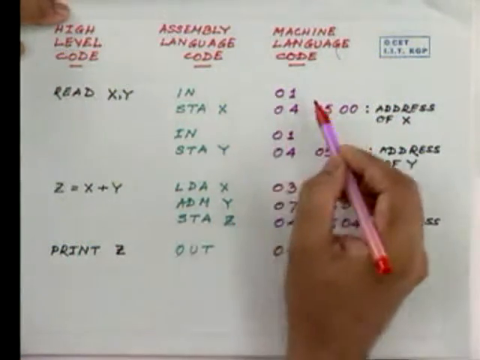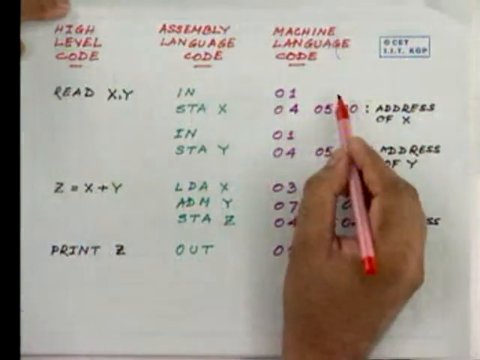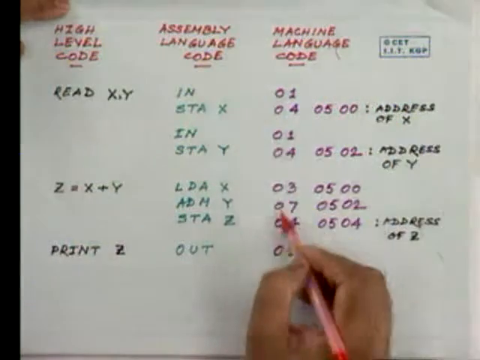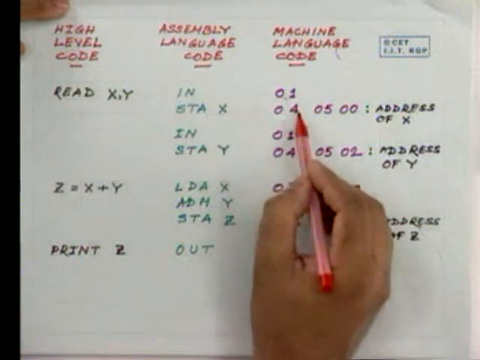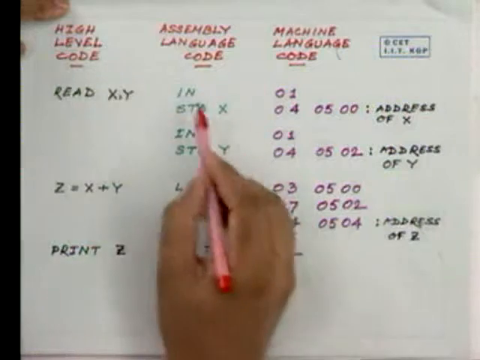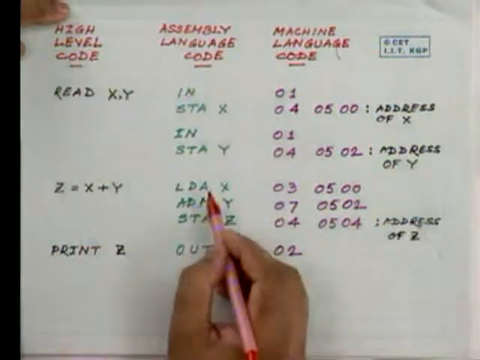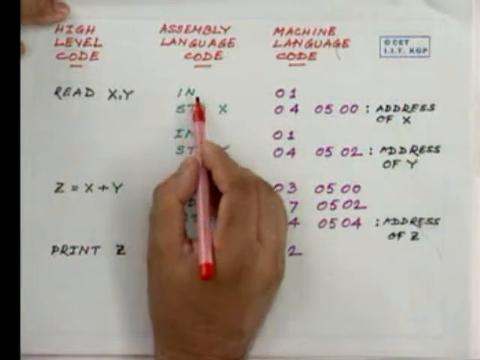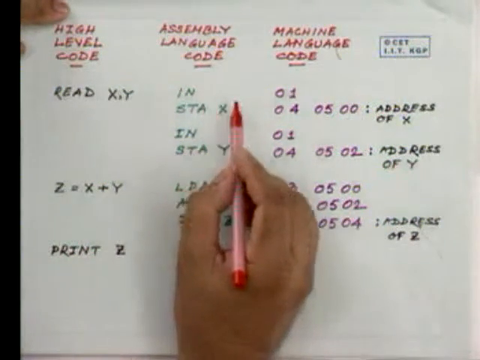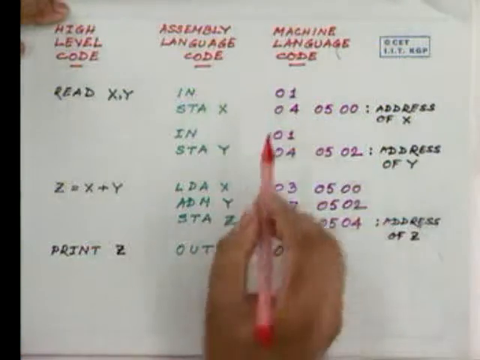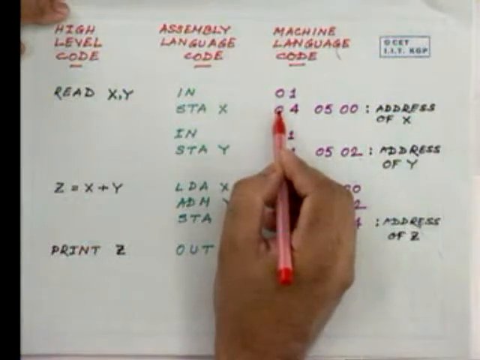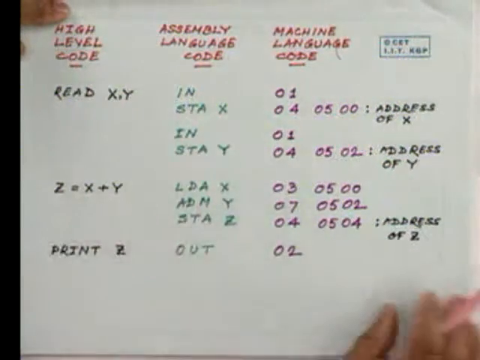Therefore, when we discuss the instruction set, instead of directly using machine language code, we will discuss in terms of assembly language code. Assembly language code is nothing but a symbolic mnemonic representation of the machine language code, almost code for code.